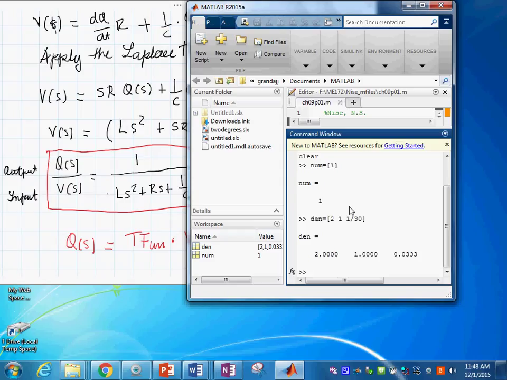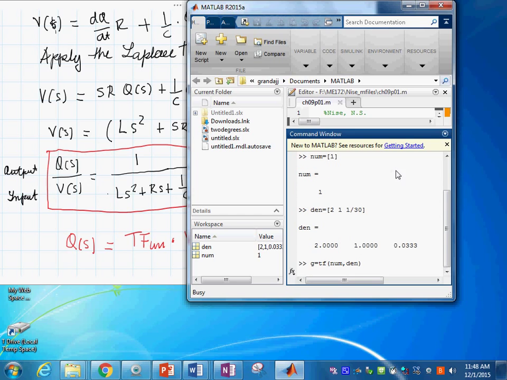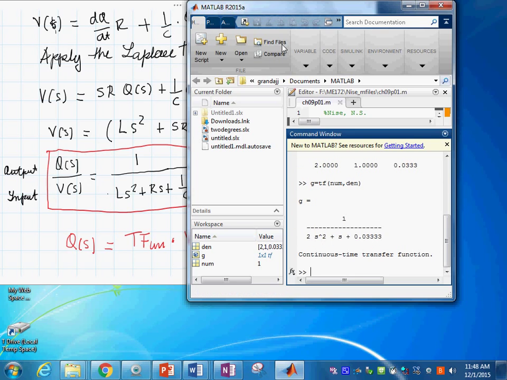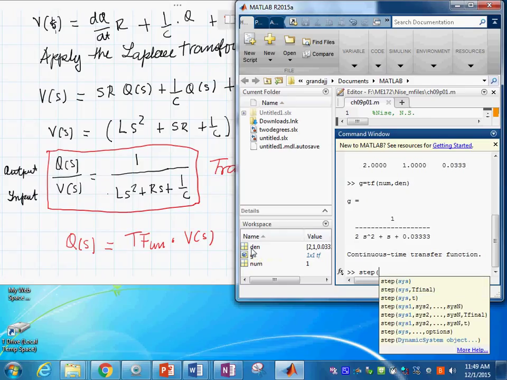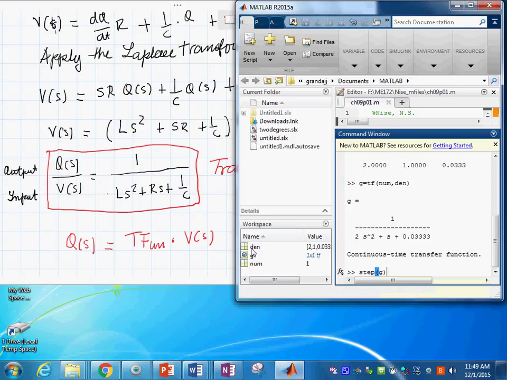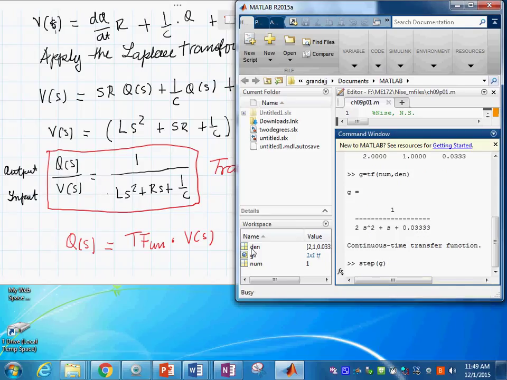And then I am going to say the transfer function g is equal to the transfer function of the numerator and the denominator. And watch what happens. The computer gives me the transfer function like I have it over here. And then I can just say, do the step input to test the voltage, and please give me the answer.